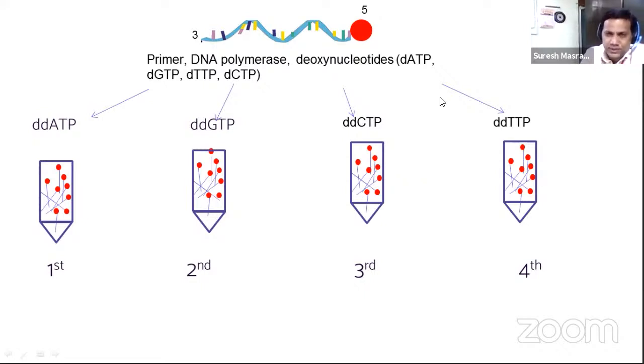Thus, deoxyadenosine triphosphate, deoxyguanosine triphosphate, deoxythymidine triphosphate, and deoxycytidine triphosphate, all are added in each of these centrifuge tubes.